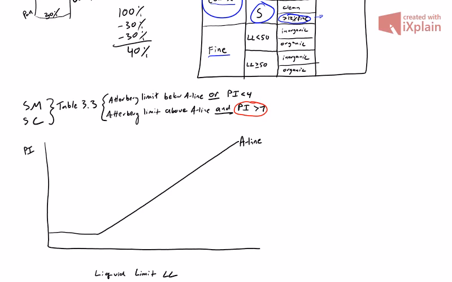So if we go to 33% for our liquid limit, and we go to 12% for our plasticity index, and we see where that point is, we see that that point is above the A line, right? So Atterberg limit plots above the A line.